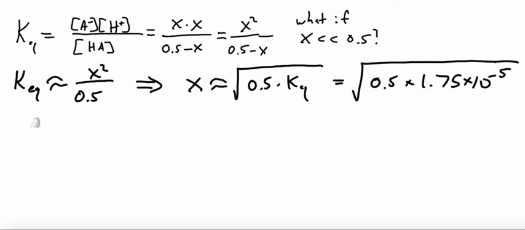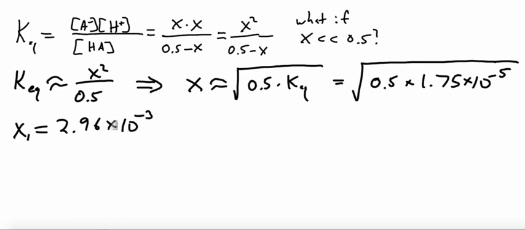Okay, so we have this, and because we aren't sure if we're going to keep this, it's called x1. It's our first approximation of x. x1 is going to be the square root, and this comes out to 2.96 times 10 to the negative 3.